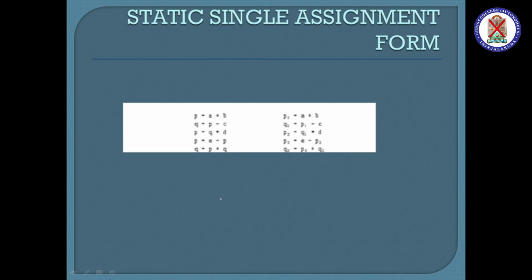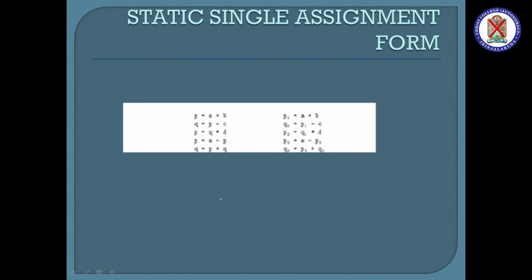So we have studied three address representations, that is quadruples, triples and indirect triples. These are the three types of three address representation or statements. We also studied the static single assignment form. The main advantage is to eliminate ambiguities and to provide ease for the user and also the compiler for error checking, and also for transparent optimization and error correction.